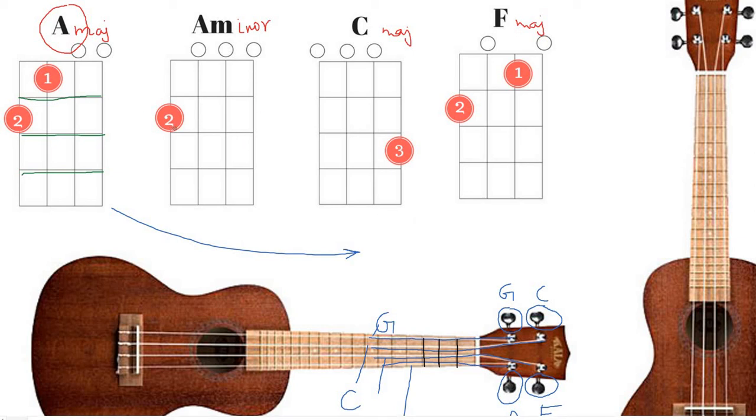So now if you want to know how to play A minor, let me simply erase this. The finger position is also written. So you have to put your second finger over here. So just imagine that this is rotated 90 degrees to the left, and then you will see that you have to put your finger over here. And if you want, you can also write down the string names on your chord diagram. So you can write it G, C, E, and A. These are your string names.